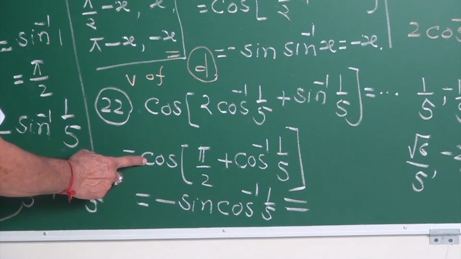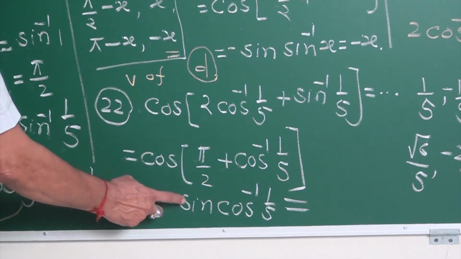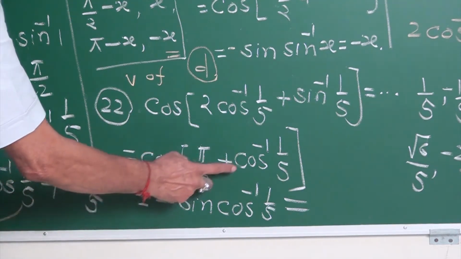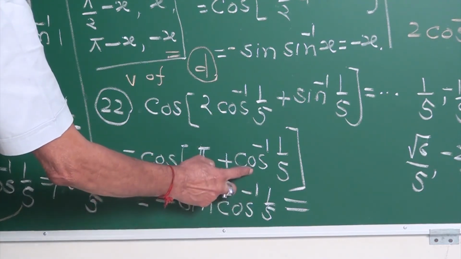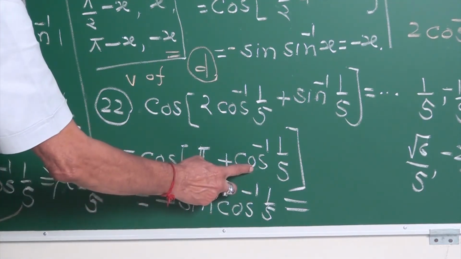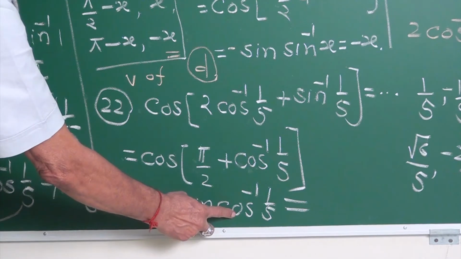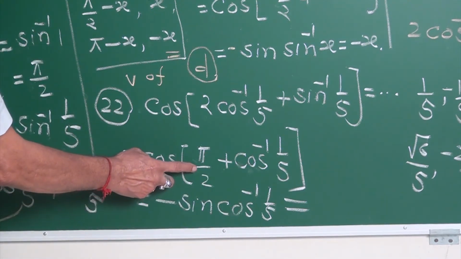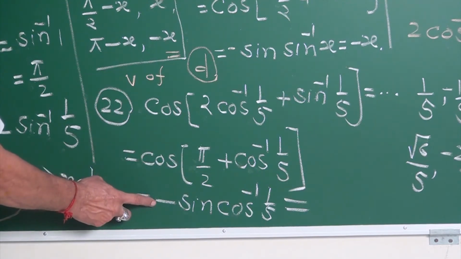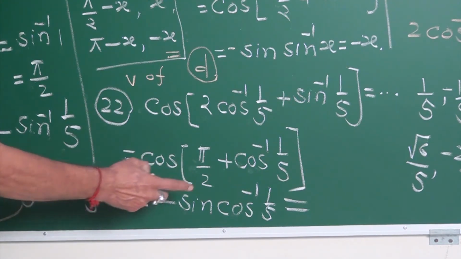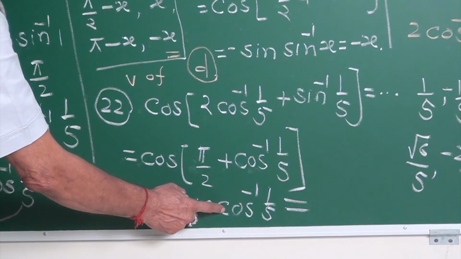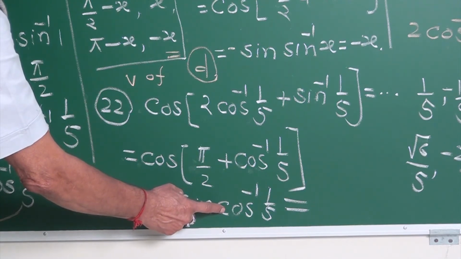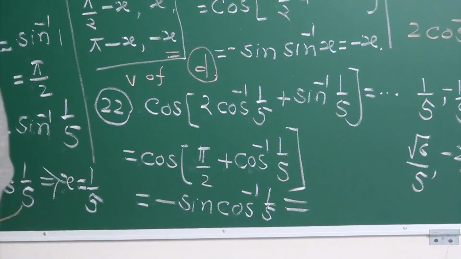Once again, my friend, 90 means cos changes to sine. Sine of what? Cos inverse 1 by 5. This is your theta. Cos of 90 plus theta is minus sine theta. In the second quadrant cos is negative, so it is minus. Now you have to convert this cos inverse to sine inverse. You know the method.